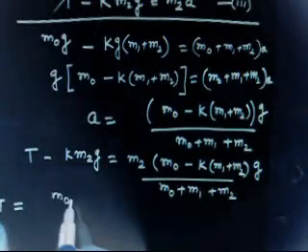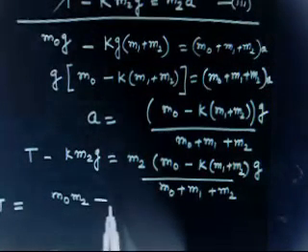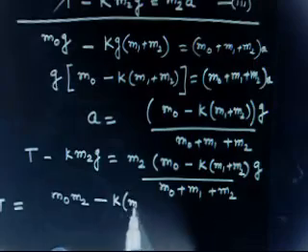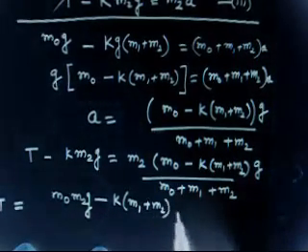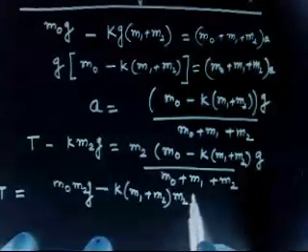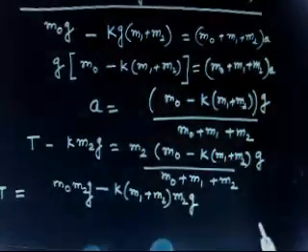So you will have m0 m2 g minus k times m0 m2 g, k times m1 plus m2 into g. Now this will come this side, so it will have a plus sign.